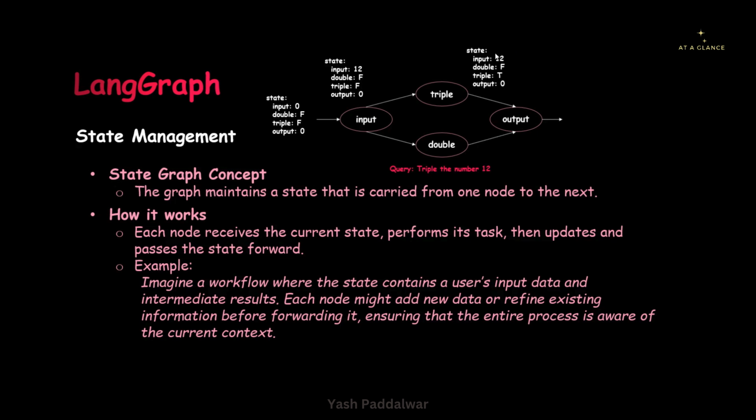That means it is going to triple this number 12 and give the output. You can see the output node updates the output variable to 36. The number 12 as the input is now giving us the number 36 as the output. So this is how the state is maintained in LangGraph.